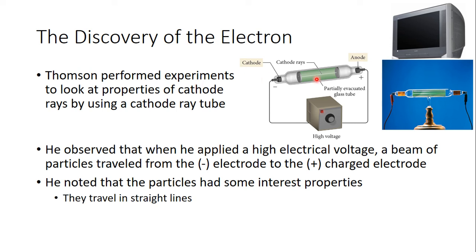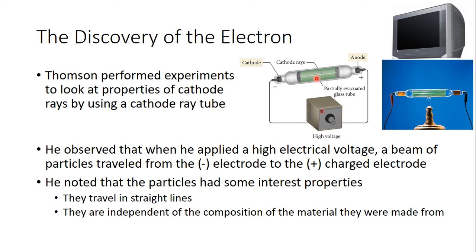One, this beam always traveled in a straight line. Two, it doesn't matter what made up the material, he would always see this same beam. Three, this beam carried a negative electric charge, which today we know what he was looking at were electrons.